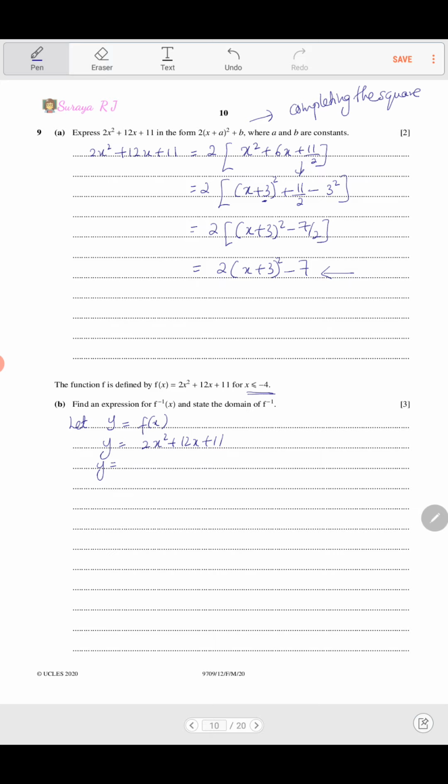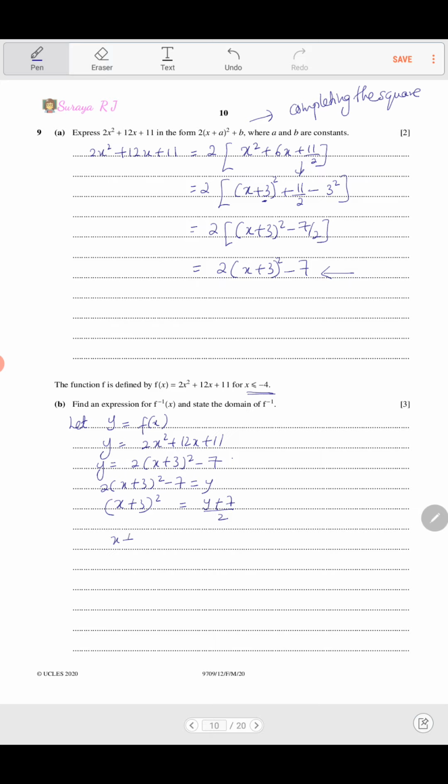That is, we use part A. So we write this as 2 into (x plus 3) squared minus 7. So this is equal to y. (x plus 3) squared is (y plus 7) over 2.